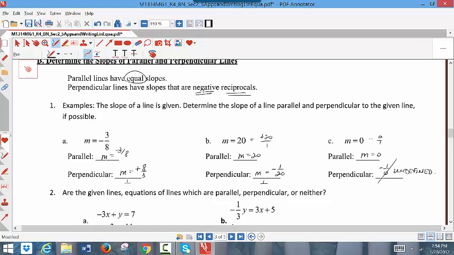The slope of the perpendicular line will be undefined. Because remember, if your slope is 0, it is a horizontal line. So if you're perpendicular to a horizontal line, you have a vertical line. And if you have a vertical line, your slope is undefined.